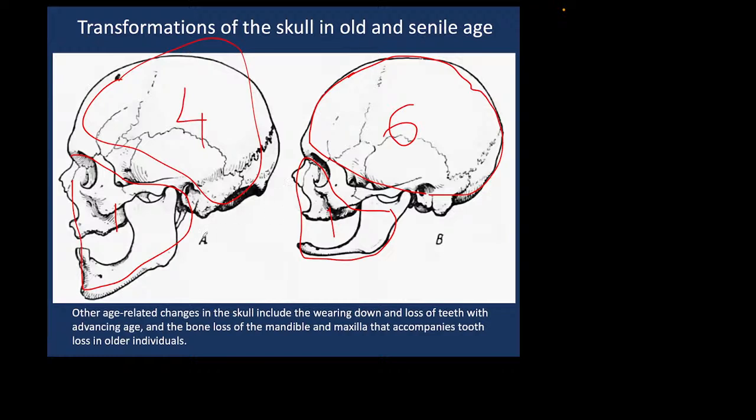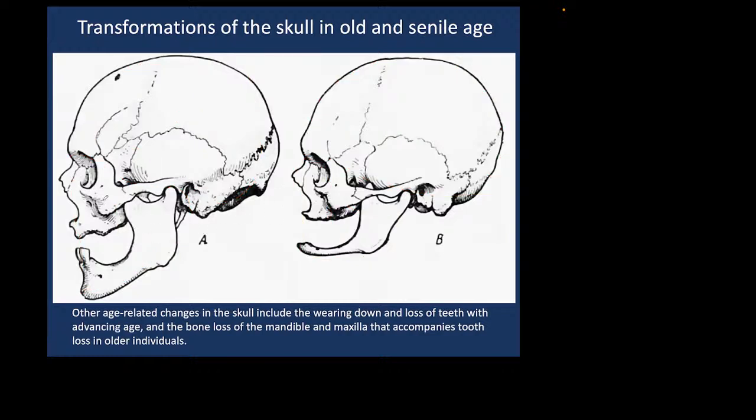And also all cranial sutures are ossified. Here you see that there are no sutures, and mostly all of them are ossified and not visible. And the lower jaw rises upward, and the chin protrudes forward.